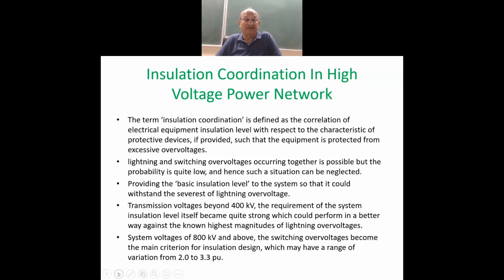And what voltage can reach or pass beyond the surge arrester is nothing but the residual voltage of the surge arrester. So the level of insulation of the gadgets has to be designed with respect to the characteristic of the surge arresters.